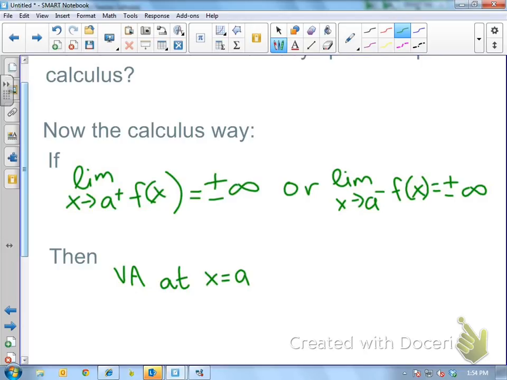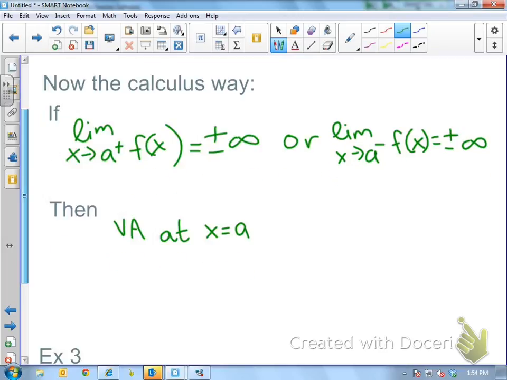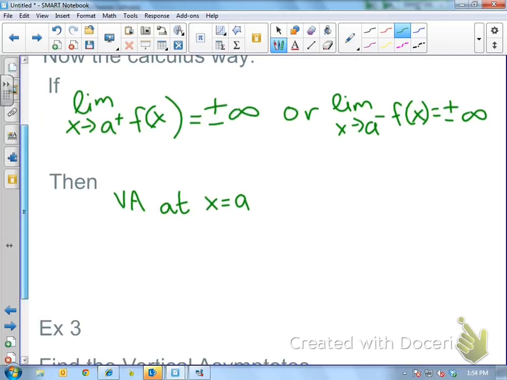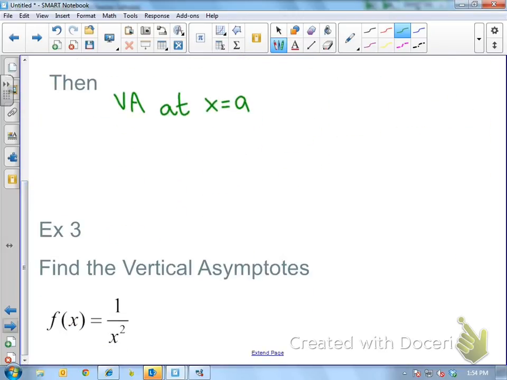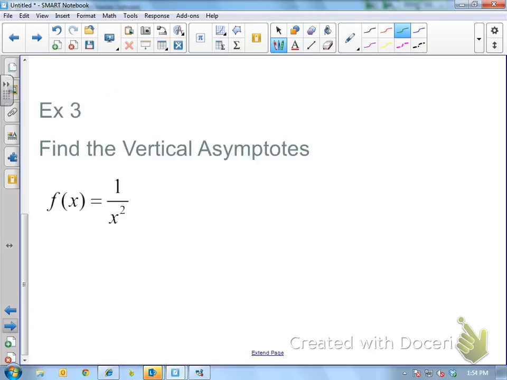And once again, the best way is graphically. You're going to be doing a lot of looking at graphs today. So if we had this one, we would draw the graph. Looks a lot like our 1 over x, but it's a little steeper.